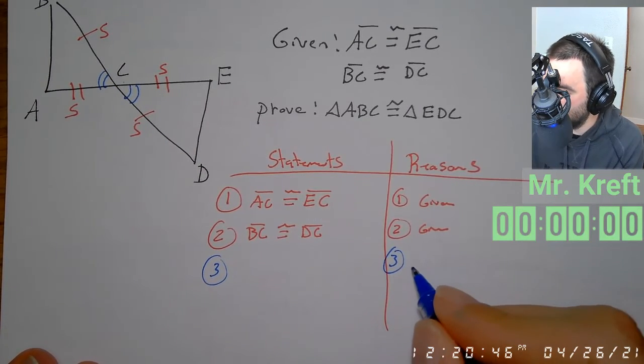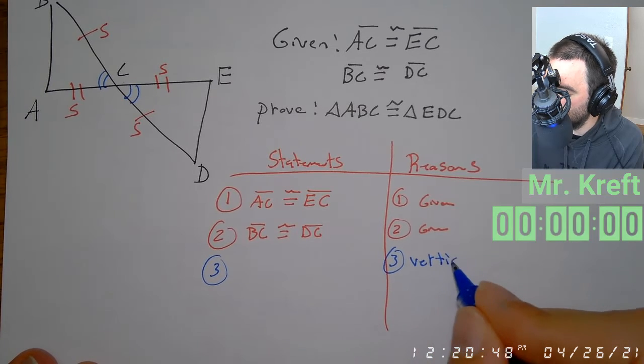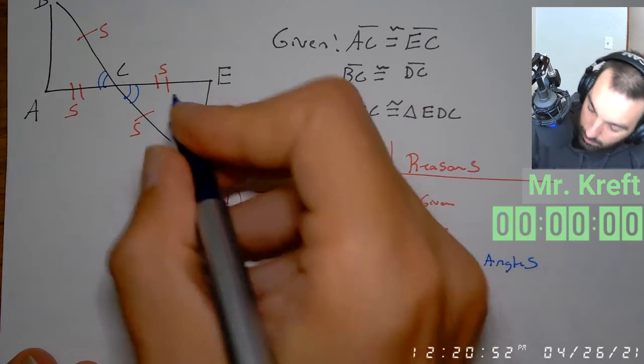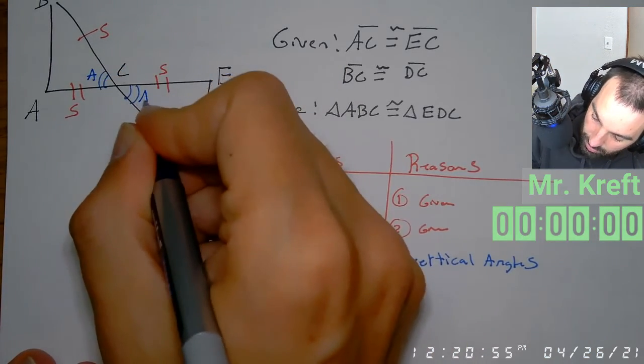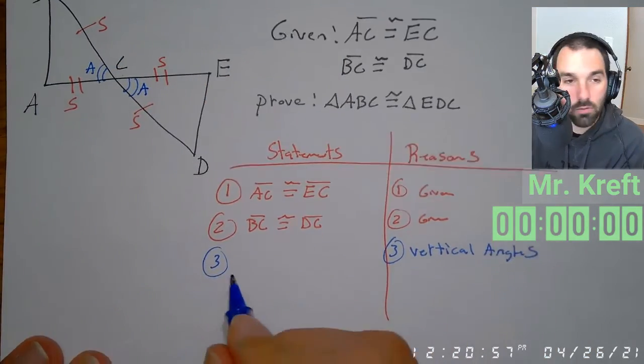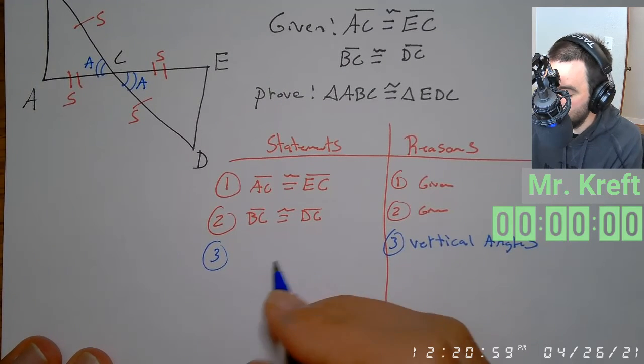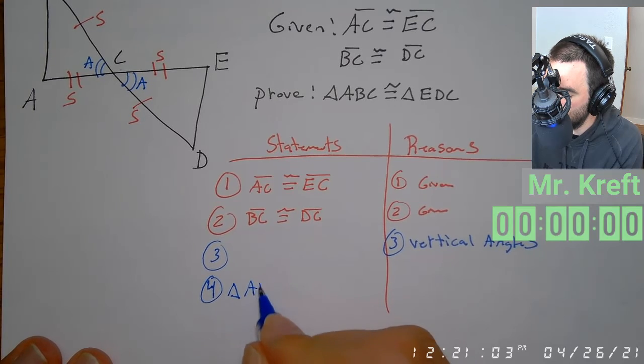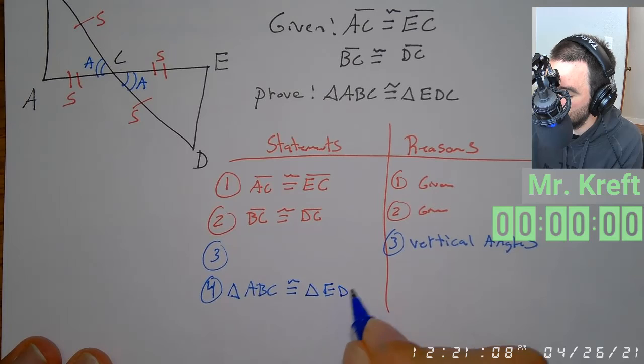Even if you didn't know how to name them, you can still write down, hey, I'm gonna have vertical angles, and that provides me with a pair of angles right there. My next step is gonna be triangle ABC is congruent to triangle EDC.